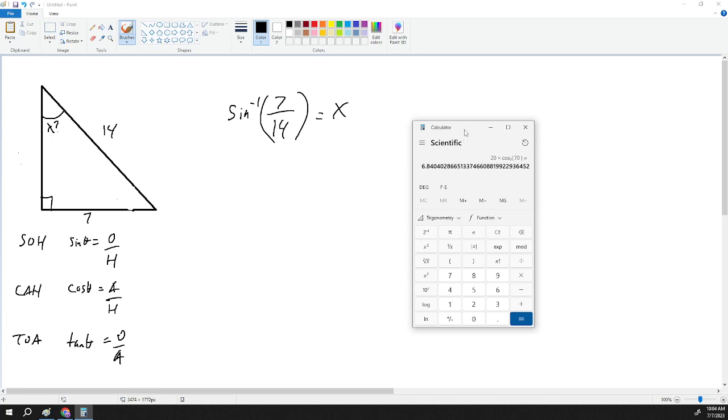So we put it up here, 7 divided by 14. Then, if you're using the calculator sa computer nyo, make sure naka-scientific kayo.